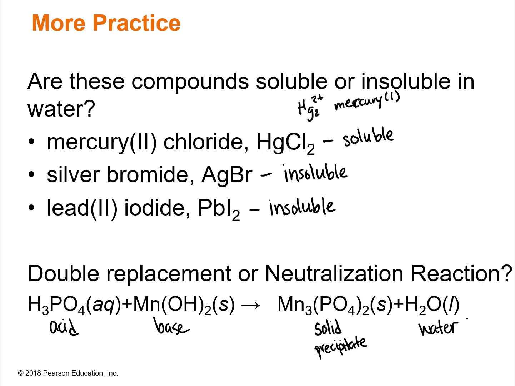You could really argue it either way because you're adding an acid and a base together and you're producing a salt and water. But that salt is not aqueous. You're making a solid. So you should really label it as a double replacement. This is just an example to show you that you need to pay attention to those states of matter.